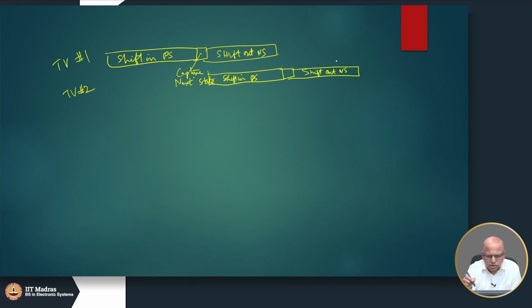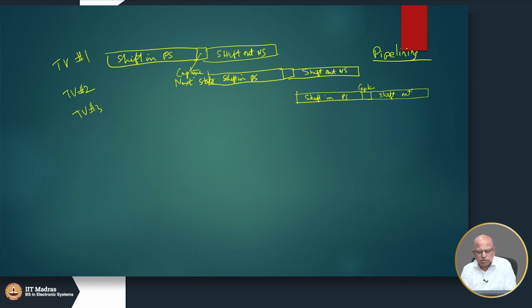So, this is sometimes called pipelining, a little bit of intelligent way of handling things. Okay. The third one, test vector number 3, will shift in present state, capture and then shift out.